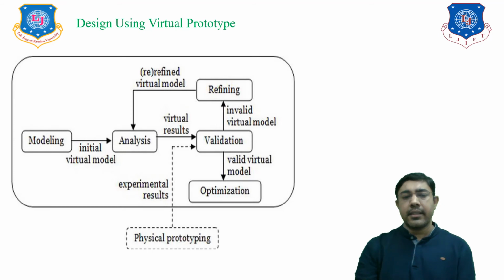So you can see this is the design process using virtual prototypes, and here we don't need physical prototypes, so we can save time and money. If you look at the dotted lines, the physical prototype is tested, we get the experimental result by the physical prototype testing, and we have to validate it.